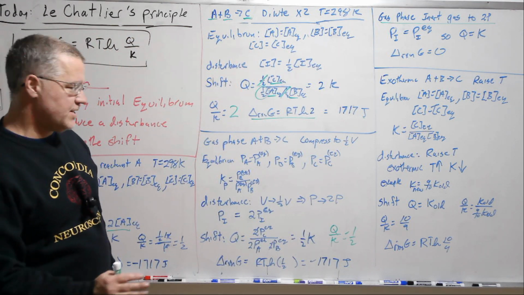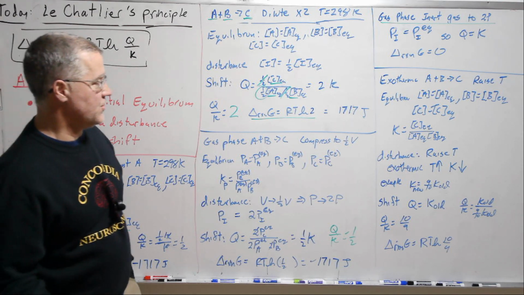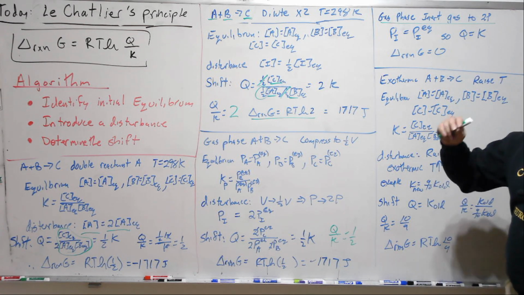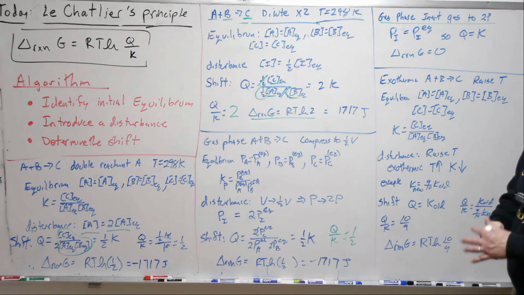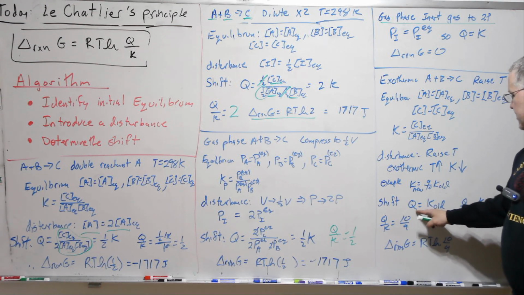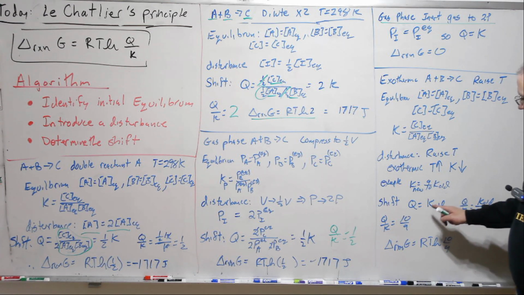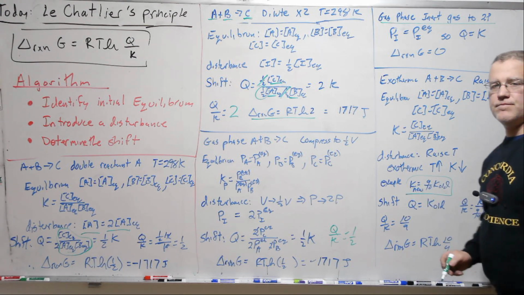And so this is a little bit different than what was happening over here. Our K is changing on us because we have a different temperature, but our Q is not. So the disturbance, think of Q right after the disturbance. We're going to just imagine we can snap our fingers and the temperature is higher. Q is the old K, right? Q is the old K. So if we take Q over K, we have K old. And let's just say, for the sake of example, this goes down by 10%.